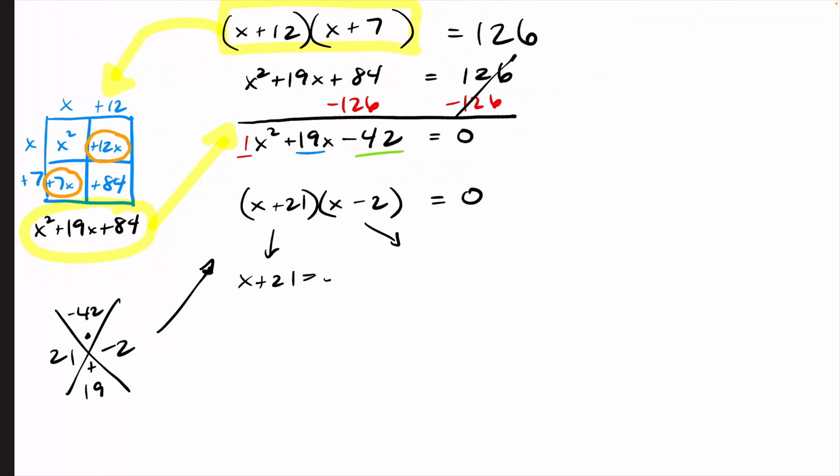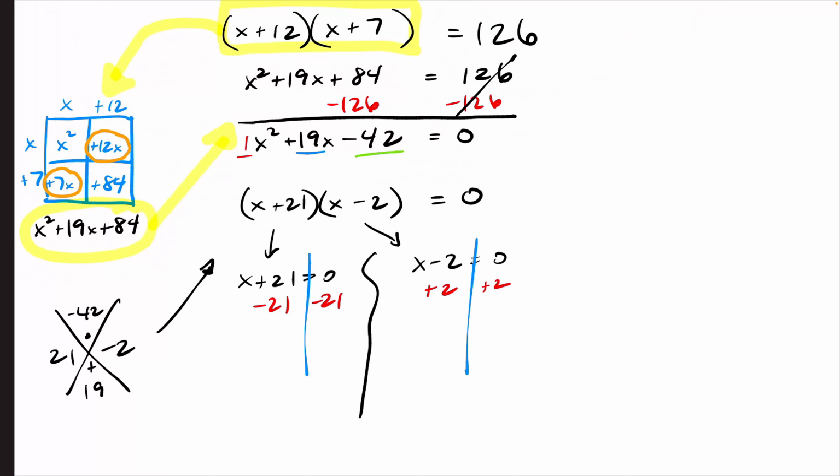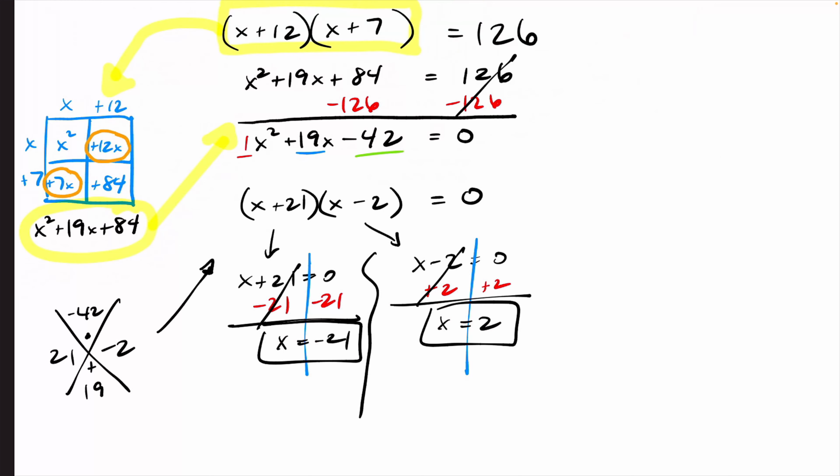At least 2 answers. Sometimes we get 3, but today we're only going to get 2. Subtract 21 from both sides, add 2 to both sides.